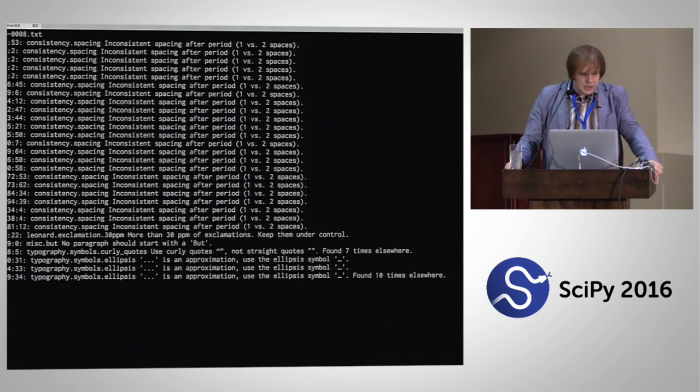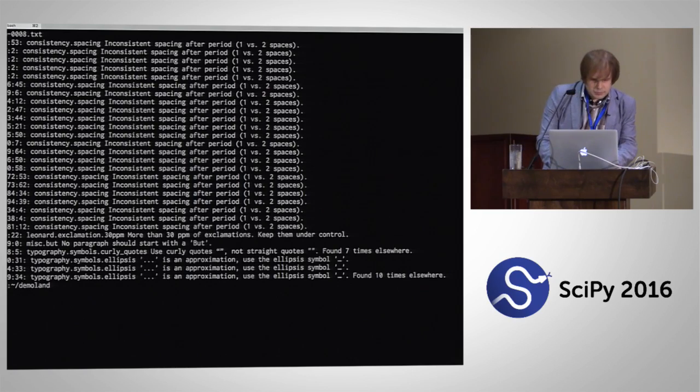So we run this, and what we end up with is just a bunch of spacing inconsistency things, saying that in some cases you have one or two spaces after a period. No cases where you have more than that, so that's good. And a bunch of cases where ellipses could be proper ellipses, like the Unicode character, but are just approximated with 3 periods in a row, which, who wants that?